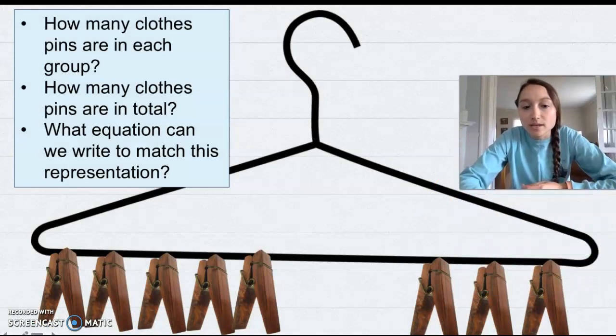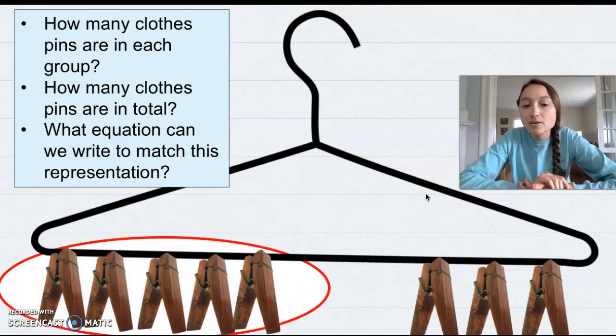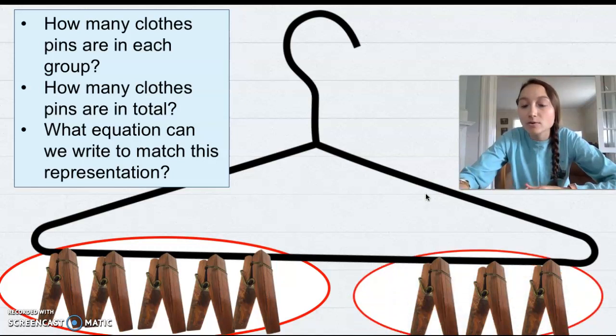Here's another clothes hanger. Remember, you want to start by thinking about the two groups. How many clothespins do you see here? Well, let's count. 1, 2, 3, 4, 5. And then we have another group of 1, 2, 3.